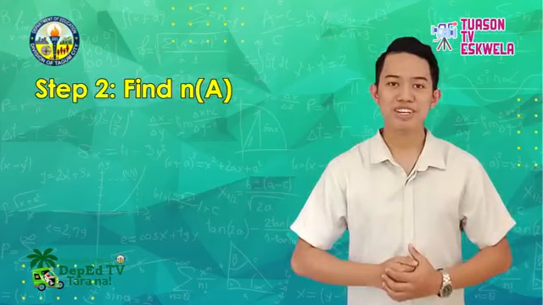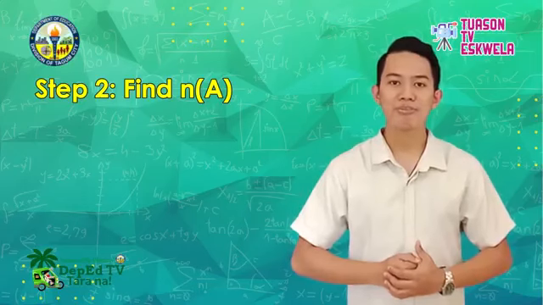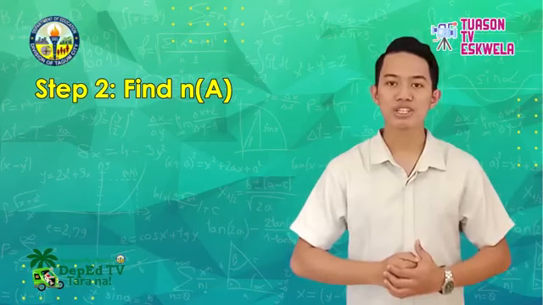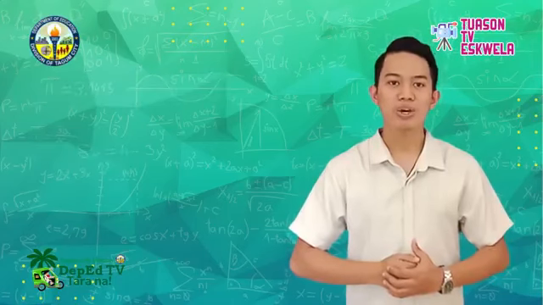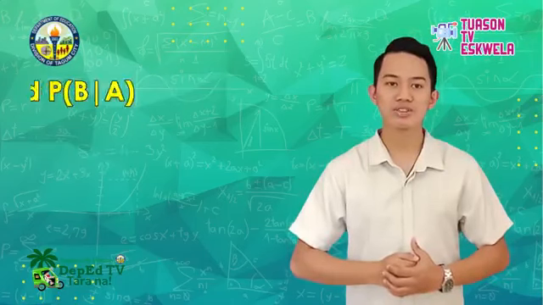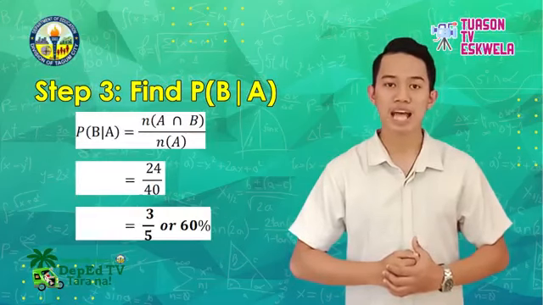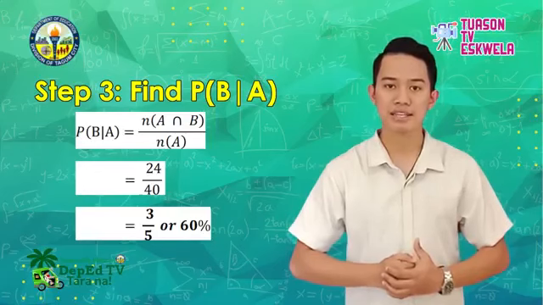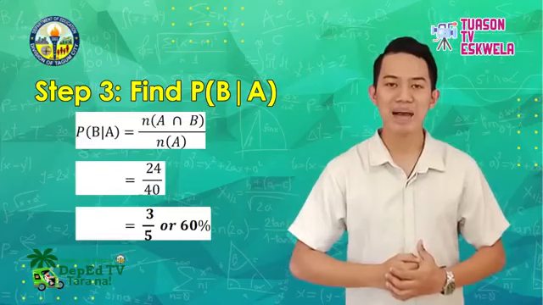The next step is to find the number of ways event A occurs. That is the number of male examinees, which is equal to 40. Now, we're ready to determine the conditional probability, which is equal to the number of ways the examinee is male and that he passed at the same time, all over the number of male examinees.